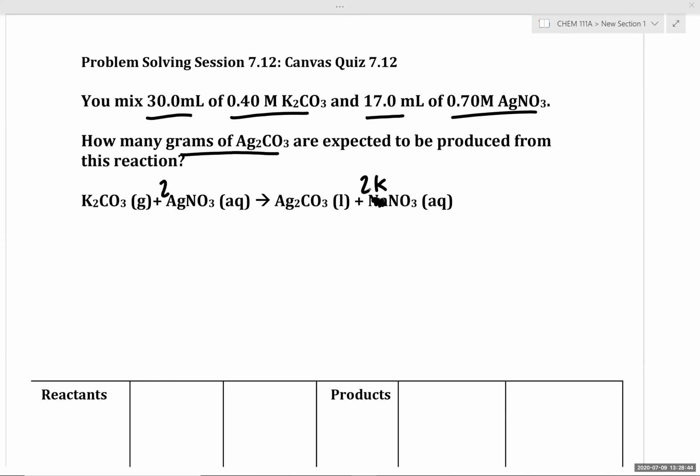Yep, exactly right. And remember, just like as students in the chat are pointing out, make sure to convert your volume into liters.